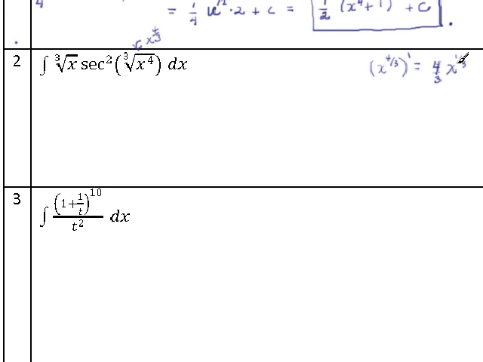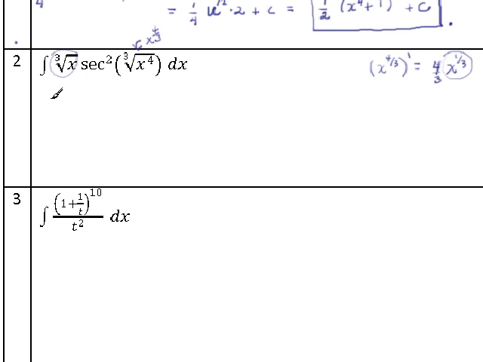So the reason why we looked at the derivative of the inside is because we wanted to make sure that we had at least this in our integrand, and there it is. We do have it, cube root x. So we have this situation, derivative of inside is on the outside. All right, now let's do our substitution.